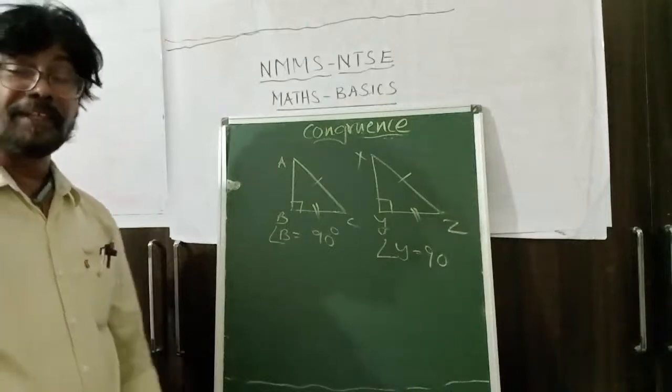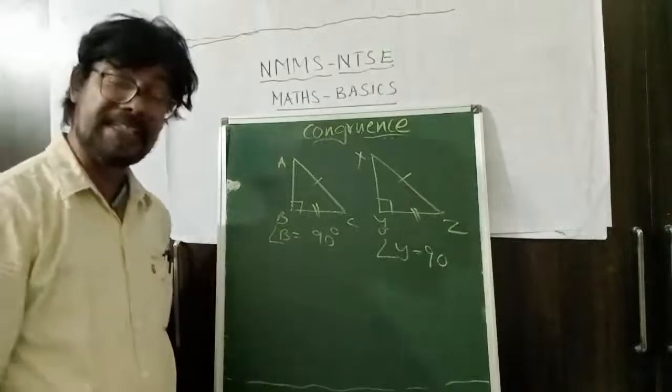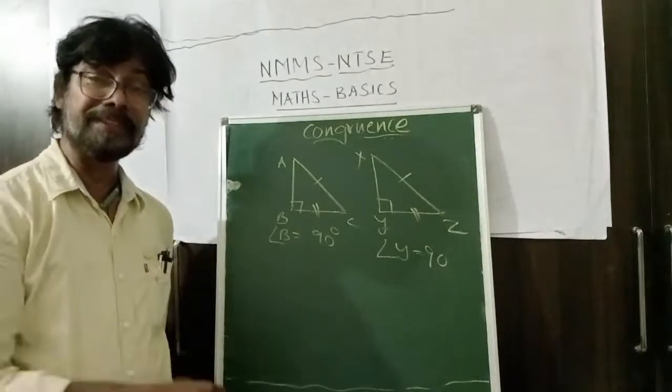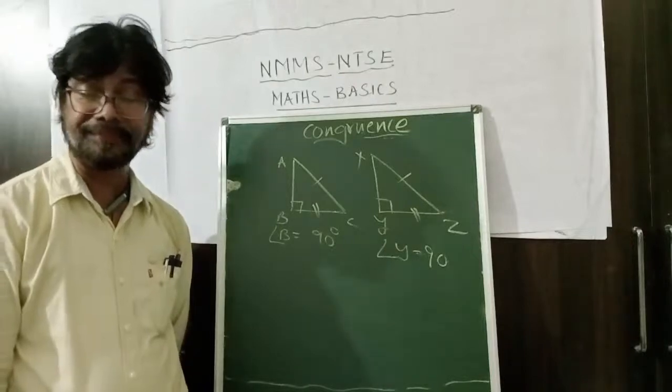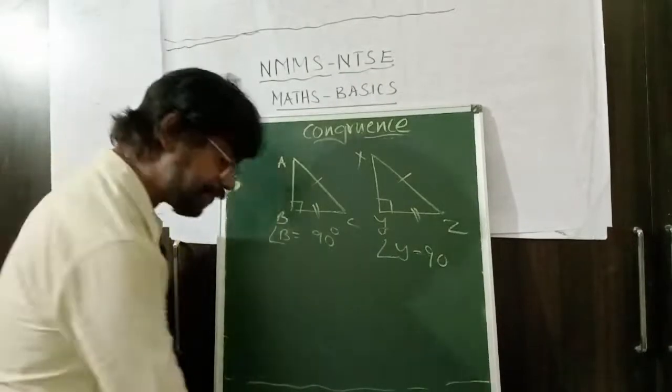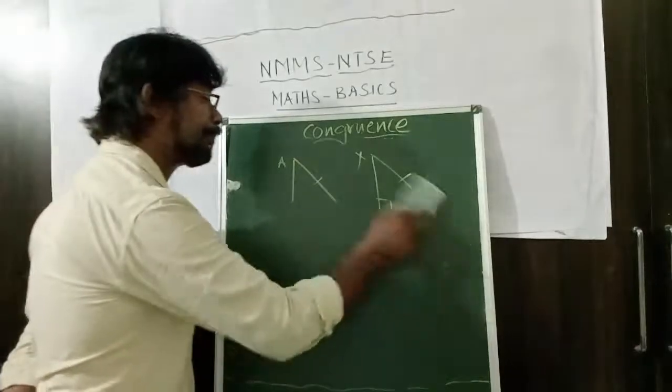Okay. Now we will go for the problem on triangles by using these congruence laws and the angles. You understand? We will see now. So I will go for the problem.